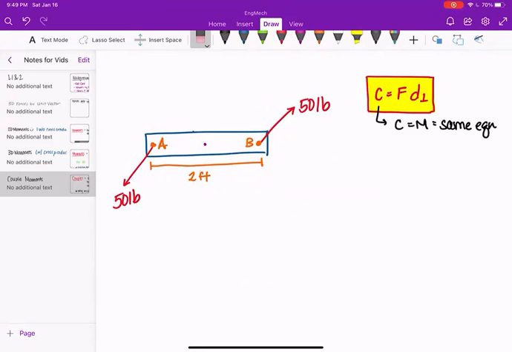But looking at just the 50-pound one, just like everything that we've been doing at an angle, my recommendation would be to adjust it to a vertical and horizontal component. Why? Because now the perpendicular distances are much easier to understand. I'm going to say that this angle is, we'll call it 50, which means this angle is 50.